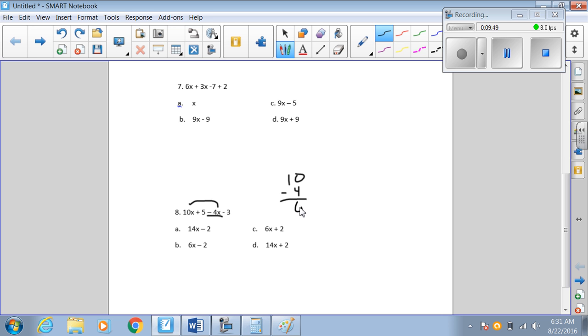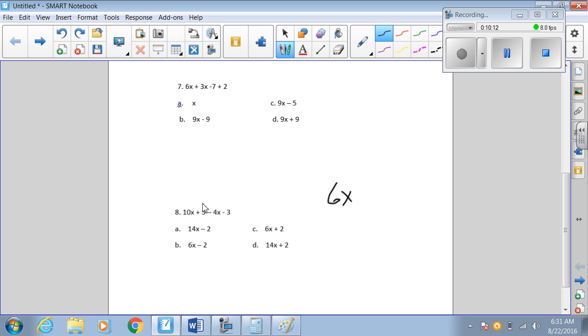So we have 6x. Now we can't combine that with the numbers because, again, x could be a car, it could be an apple, it could be anything. We don't know what it is, and we can't combine something we don't know with numbers. I'm just going to erase this so it doesn't confuse us. Now let's see how many numbers we have.